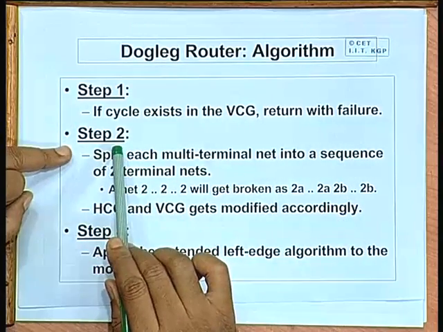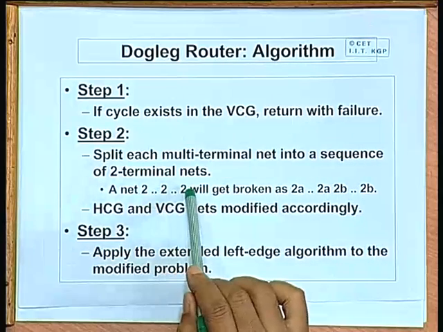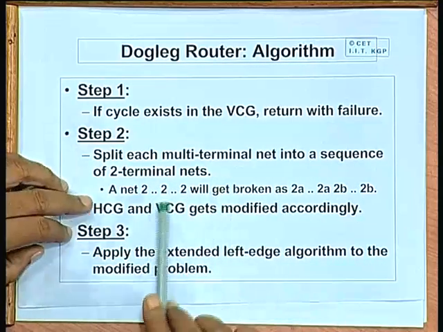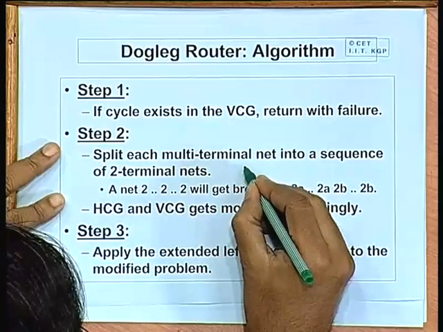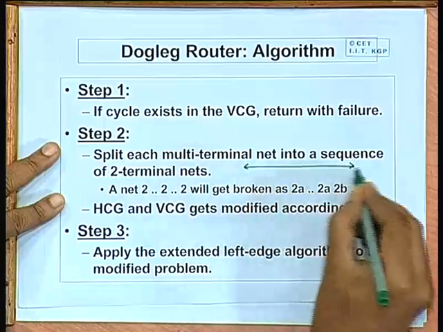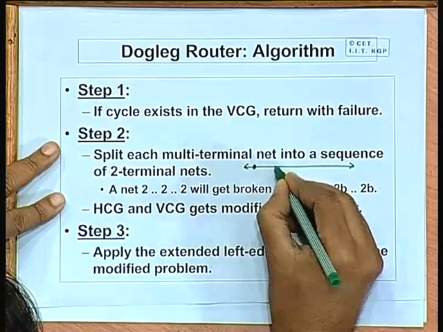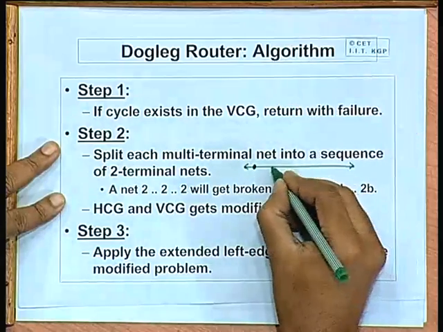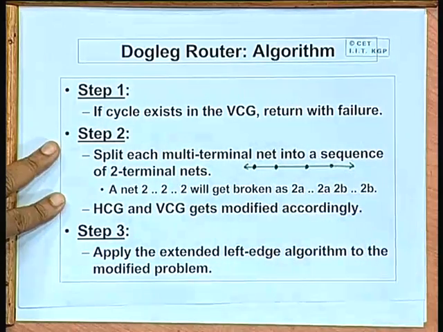Step 2, as I had mentioned, if you have a multi-terminal net, you break it up into a sequence of 2 terminal nets. The way you do it is like this. Just in terms of the horizontal direction I am showing, suppose this is the horizontal span of a net and these are the different terminal positions either on top or on bottom, say here, here, here and here.